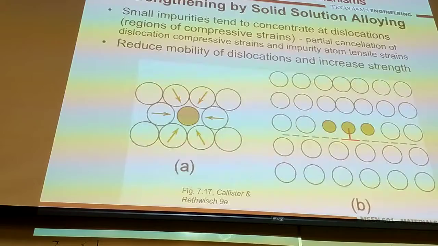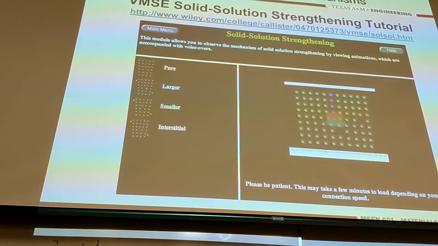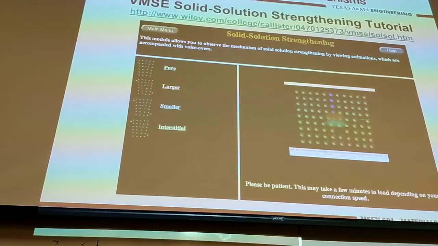So if I have a corresponding atom through solid solution strengthening, for example, a small atom, it tends to go to the compressed area because a small atom substituting there can release the stress easily. If I have a big one, it can sit on the bottom and release the stress, since there is a lot of open space there. In this case, I can correspondingly slow down the dislocation when it crosses the corresponding area.